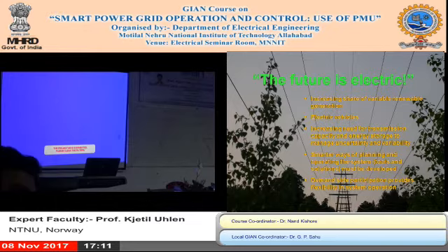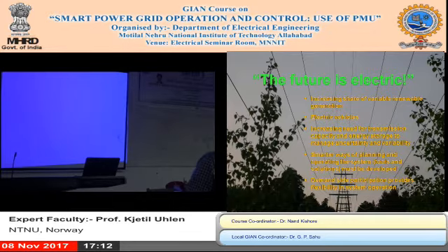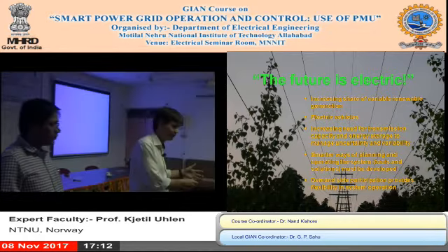Depends on what you want to know. I mean, there's a need to estimate the voltage angle at the node. But you can have a state estimator to estimate other voltages where you don't have a measurement, right?